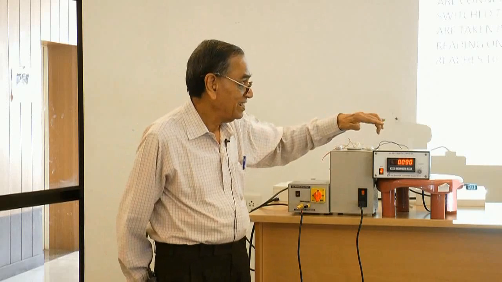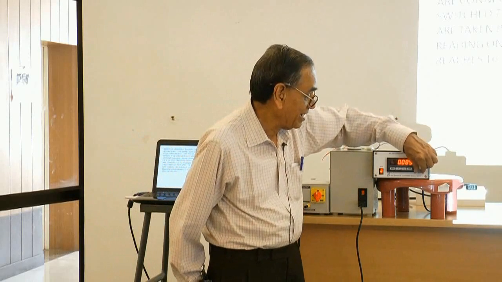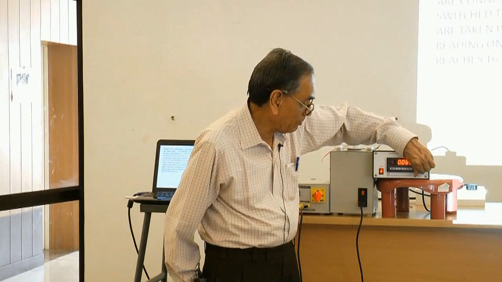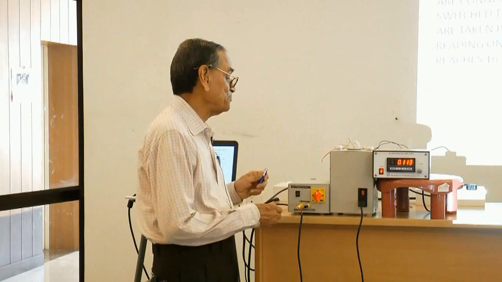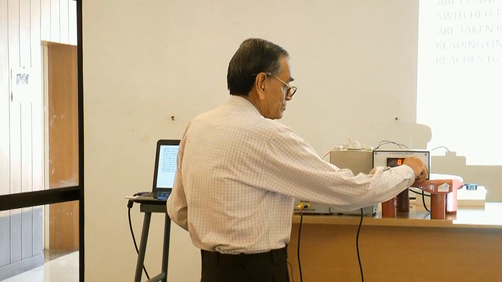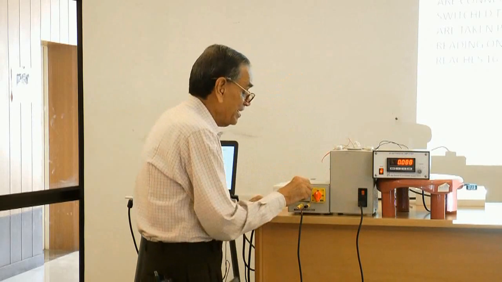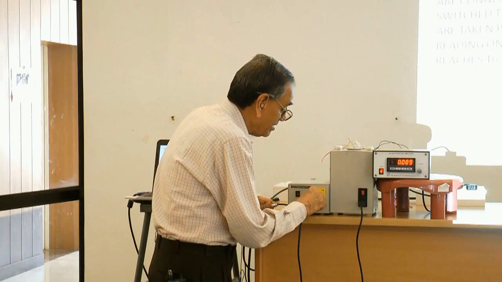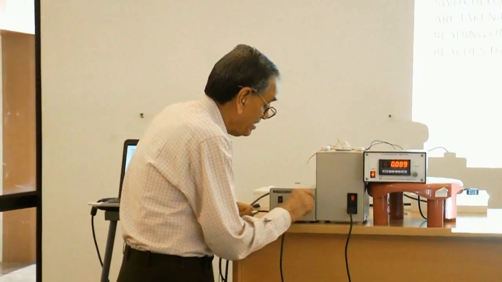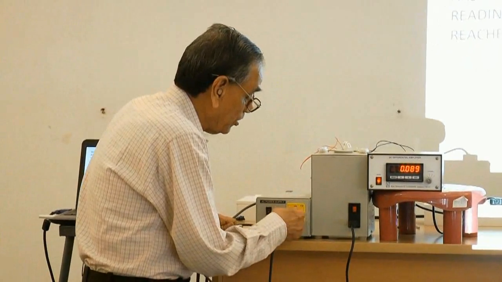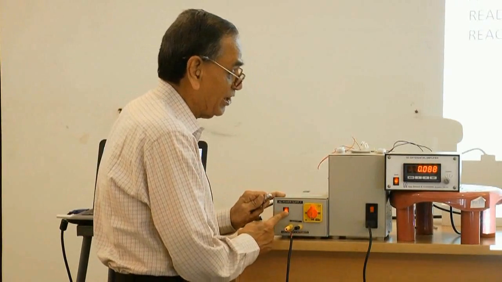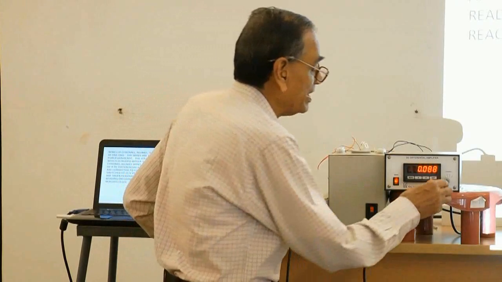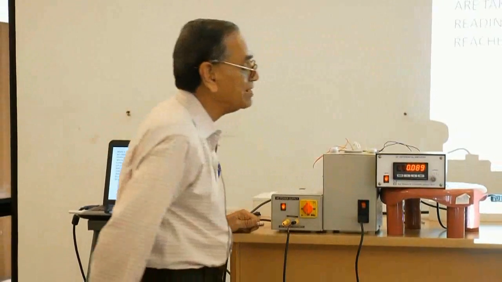Chromel alumel is connected to channel 1, iron copper to channel 2, and we put this switch to 25 volts, switch on, see what happens in channel 1.